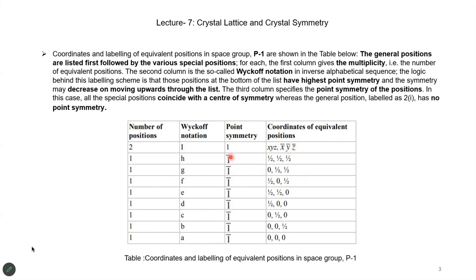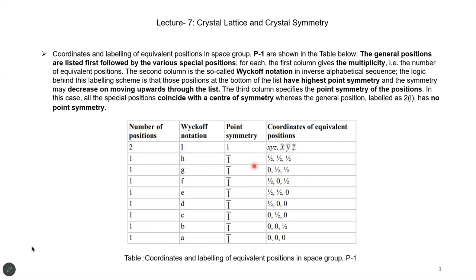Next, we have special positions. So it starts from here, you see, and in this space group, the only point symmetry is the center of symmetry. Therefore, we are seeing bar 1, bar 1, bar 1 only. There is no other point symmetry, and it starts from a. This is the highest symmetry, and then the lower the symmetry, we go up in the table like this.